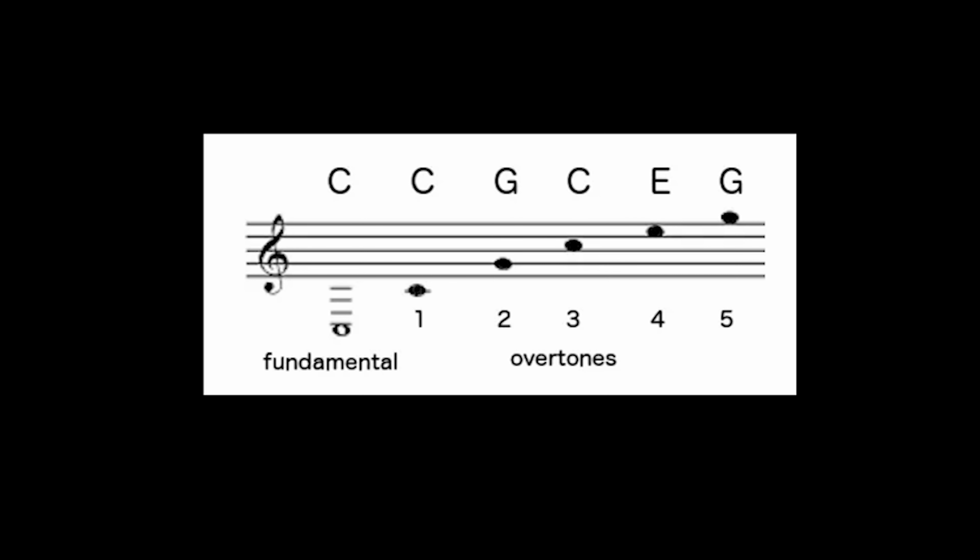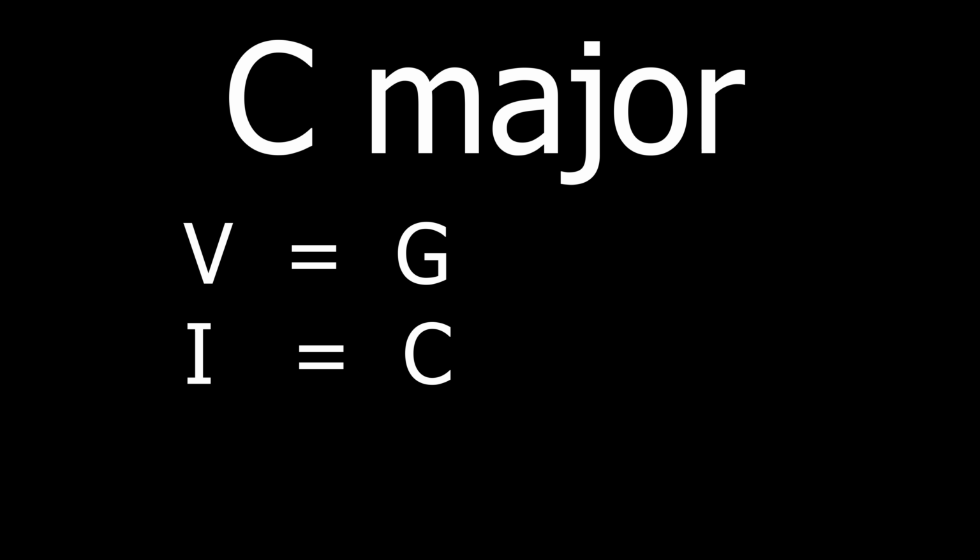I can guarantee you will definitely see a C major chord in C major. I guarantee you will also see a G chord in C major, because G is synonymous with C. If you know anything about overtones, we'll get to that later. And also G, the 5, always resolves well with the 1.